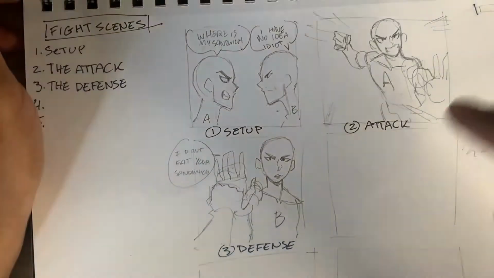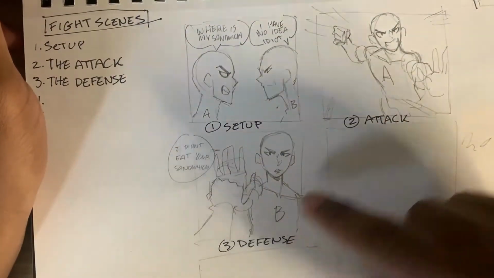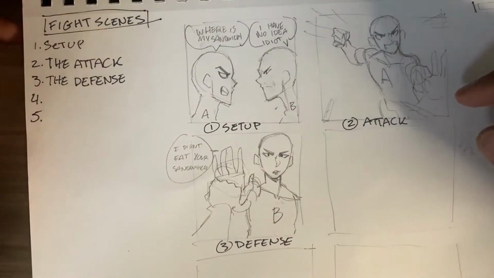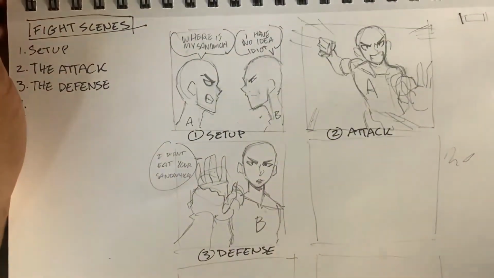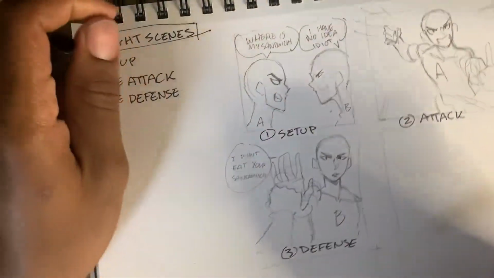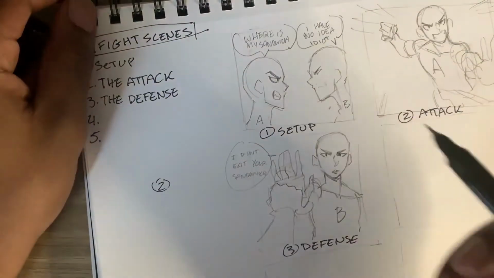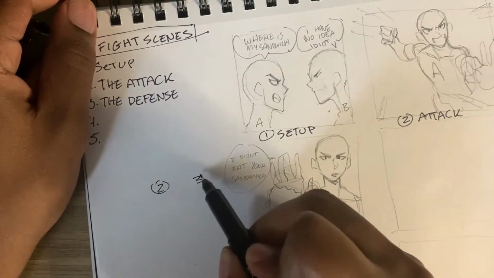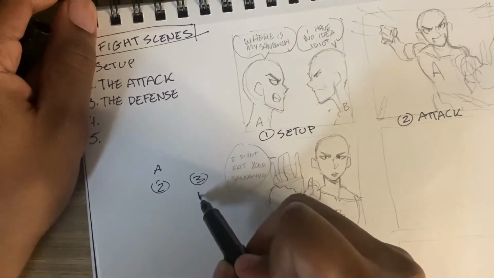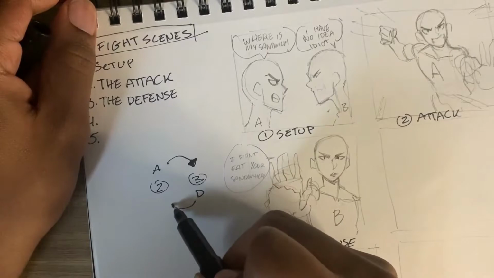So he goes back to step 2, and then character A is on the defensive, and it just keeps going in a circle. So step 2 and step 3, attack and defend. It's a cycle in a fight scene especially.